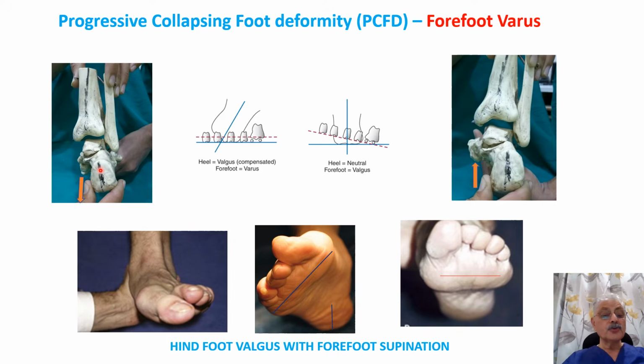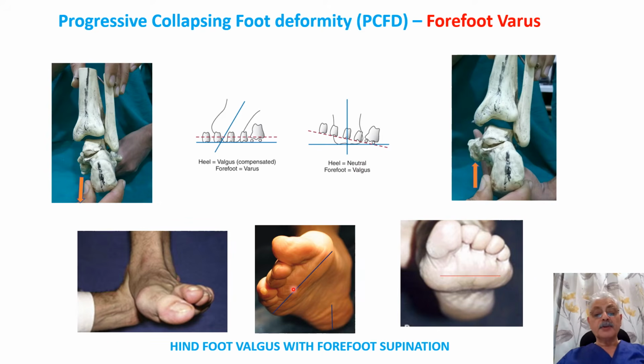When the hindfoot goes into valgus, the first metatarsal drops. And when the patient is walking with hindfoot valgus, to compensate for that, the first metatarsal has to go up. This leads to a forefoot varus or forefoot supination deformity, which can be seen obviously when the hindfoot is brought into normal alignment.